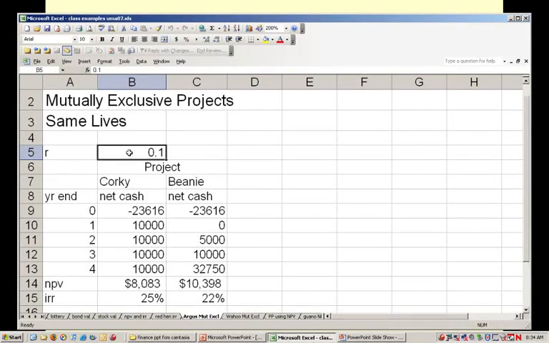It's clearly more conservative to assume that interim cash flows can be reinvested at the discount rate than at the internal rate of return. And the convention is to make that assumption, that early cash flows associated with a project can earn the discount rate or higher, not the internal rate of return in general.